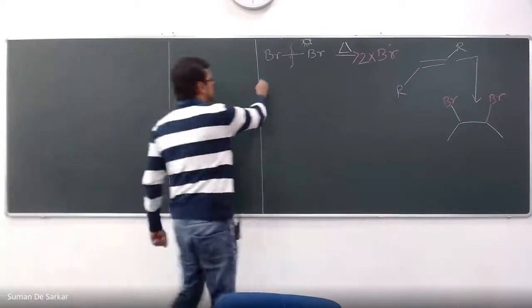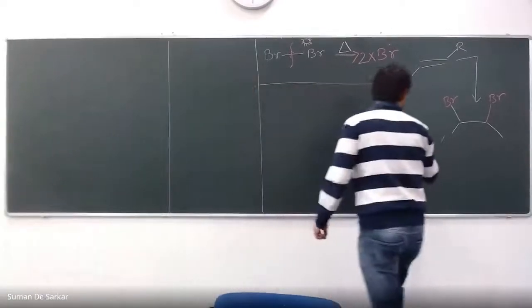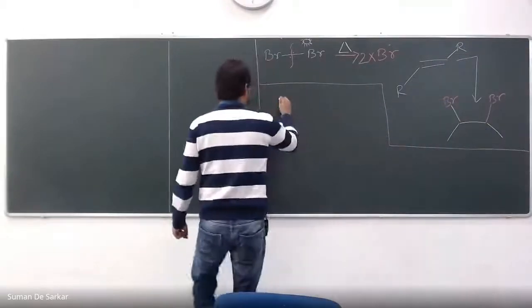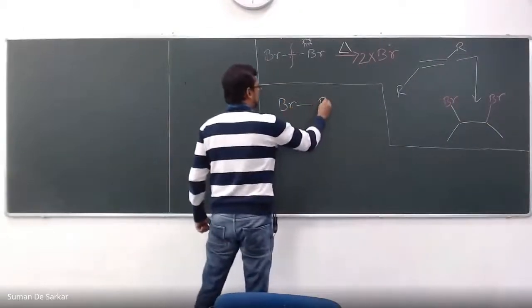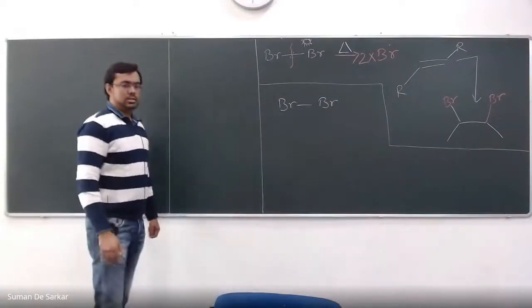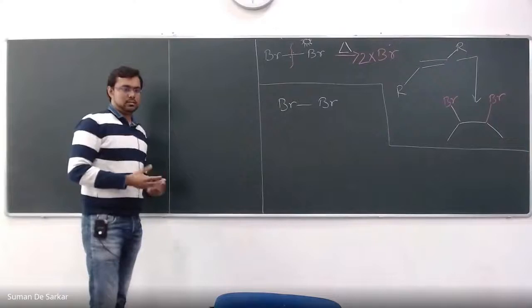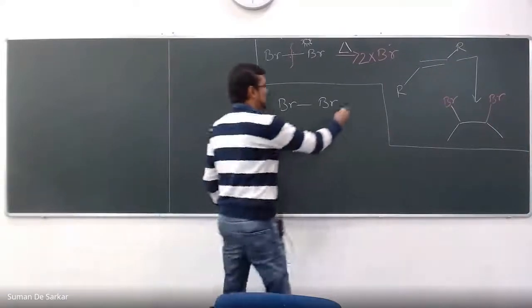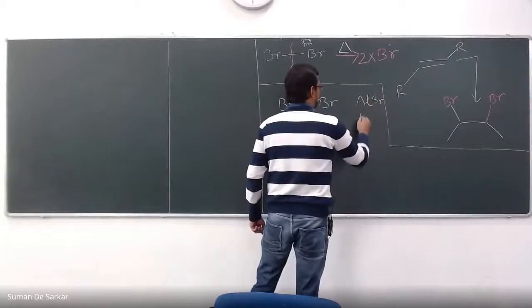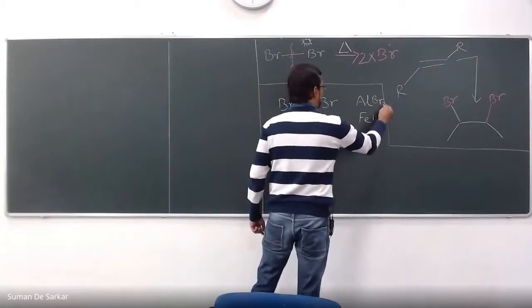Another method to activate the halogen is by using different Lewis acids. Again, let's take bromine like this, and this combination of halogen with Lewis acids, especially metal salts like aluminium or iron.